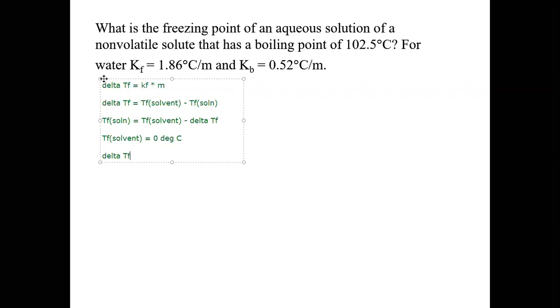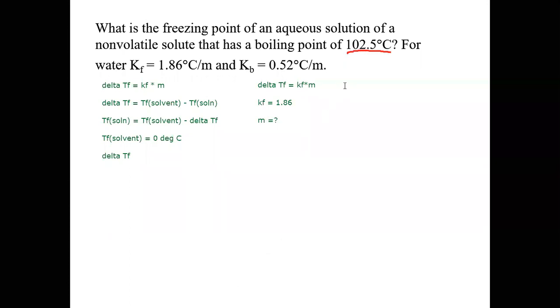To find delta TF, we need to know the KF, which we do know, it's 1.86, and we need to know the molality, which we don't know. So now we have to use the other information given to us to determine the molality of this aqueous non-volatile solute. We're going to use the boiling point elevation information to determine the molality of this solution.